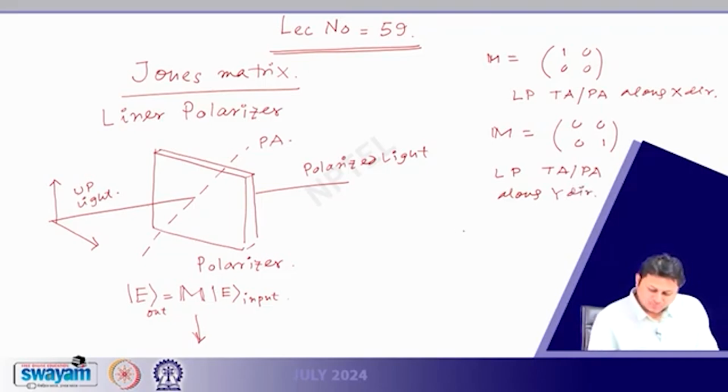Okay. And when this pass axis is at 45 degrees, making a 45 degree angle, then it was simply 1 1 1 1, with a certain factor of half.